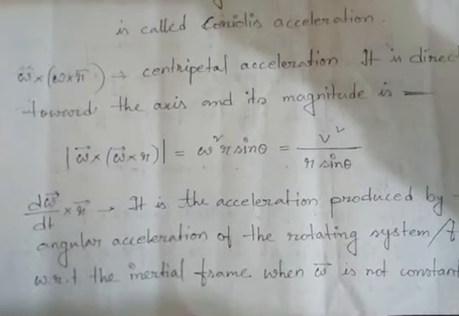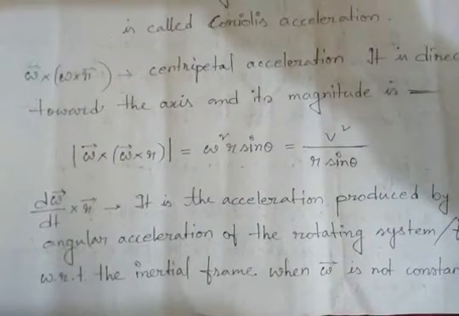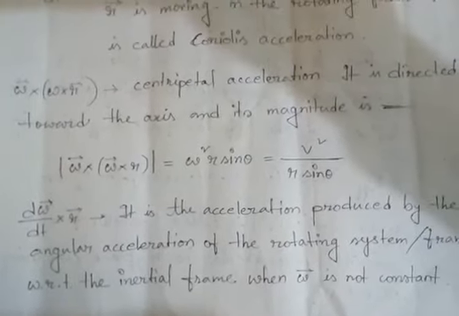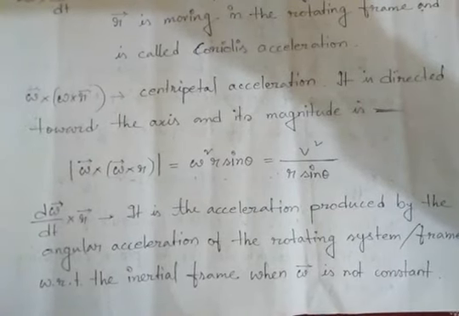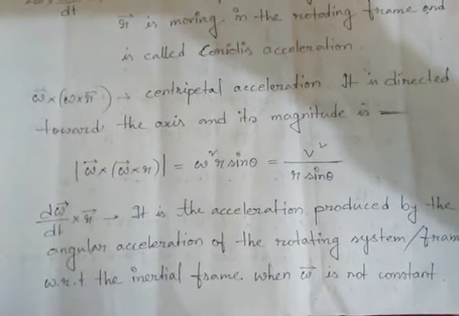So this is the magnitude. D omega by dt cross r is the acceleration produced by the angular acceleration of the rotating system or frame with respect to the inertial frame when omega is not constant.